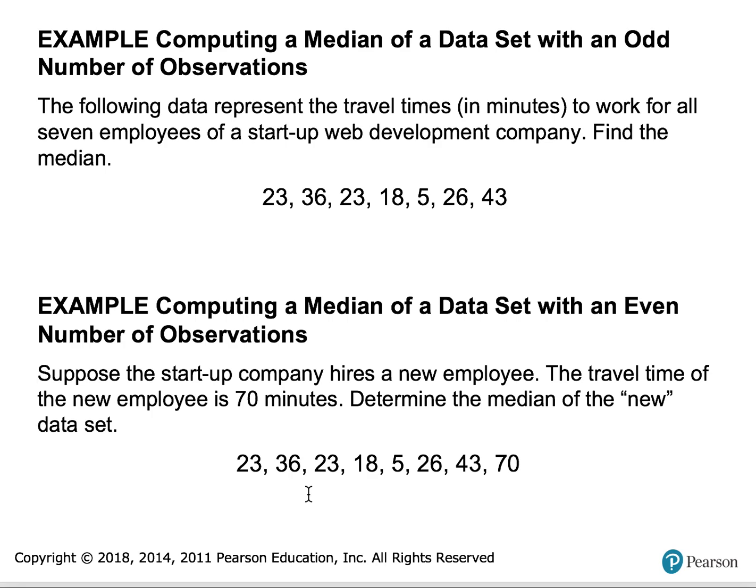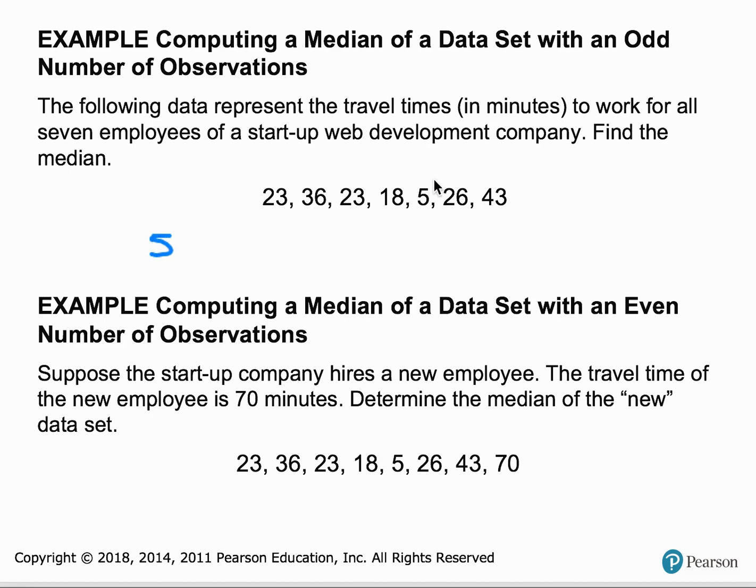Okay, so let's compute the median. The following data represent the travel time in minutes to work for all 7 employees of a startup web development company. Find the median. So the first thing I have to do to find the median is put my data in order.